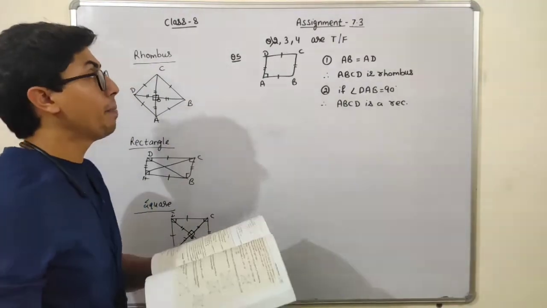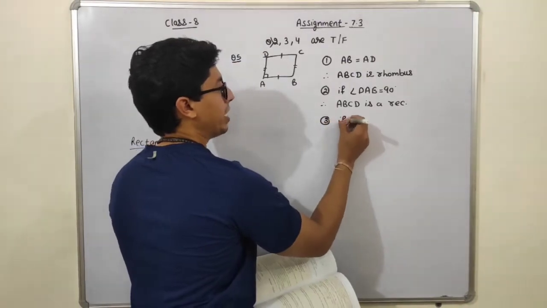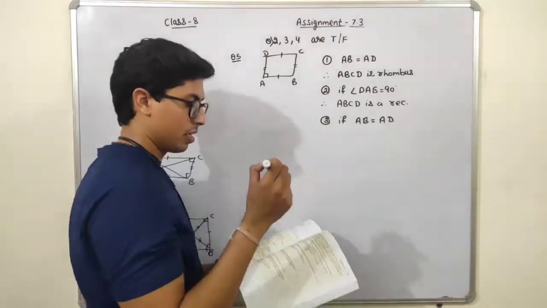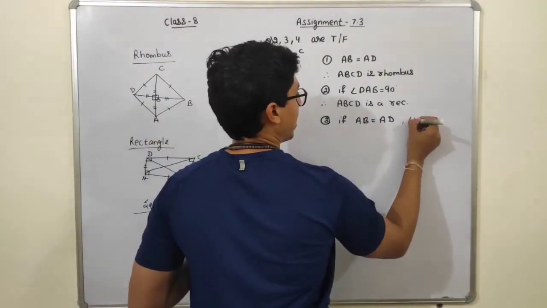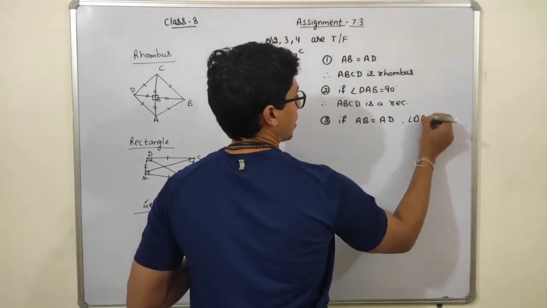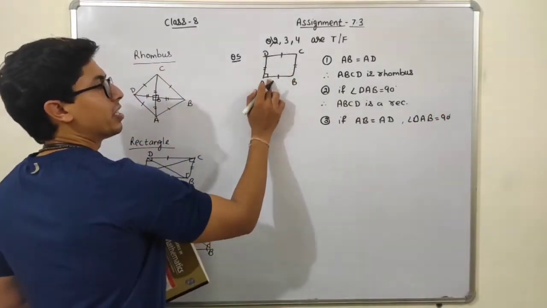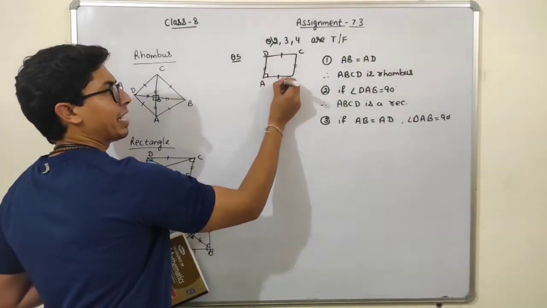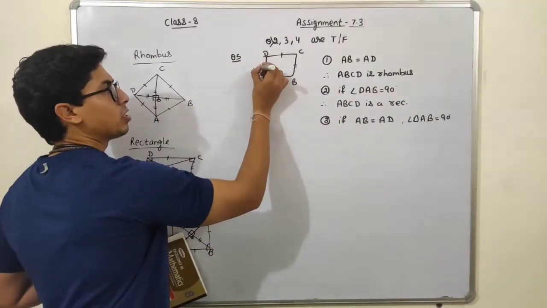The third part is if AB is equal to AD and angle DAB is 90 degrees as well. Now see, students, this is 90. Now these four sides, see, AB, if I take for example AB is equal to 40, this means AD will be 40.